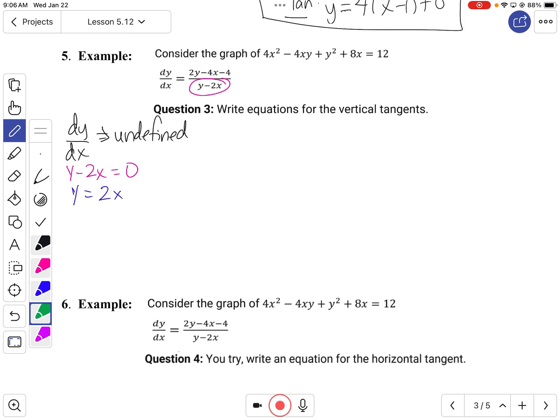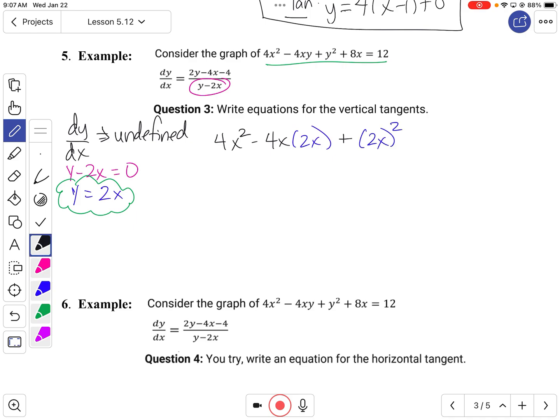So we're going to plug in some nifty substitution into our original equation. So here we go. 4x squared minus 4x, instead of y, I'm going to put 2x. Plus, instead of y, I'm going to put 2x squared plus 8x is equal to 0. All right, so we're going to do some solving here. Let's see what happens. Okay, so I've got 4x squared minus 8x squared plus 4x squared.